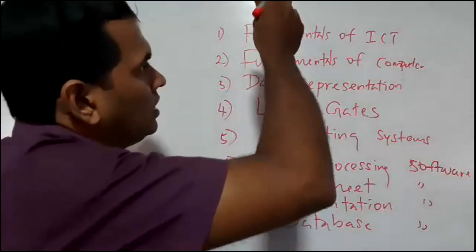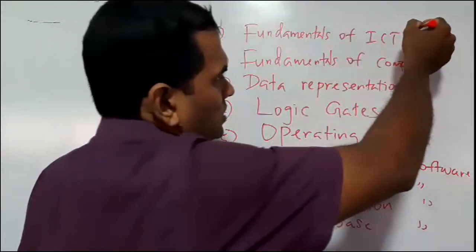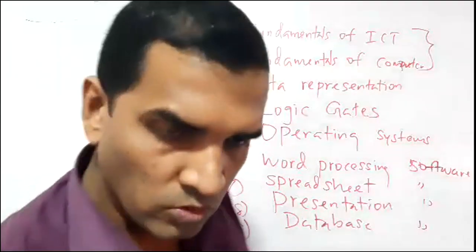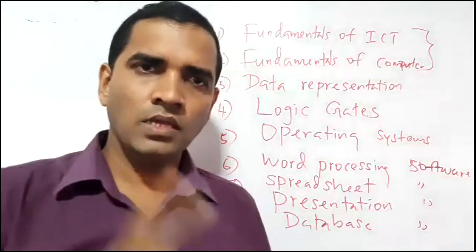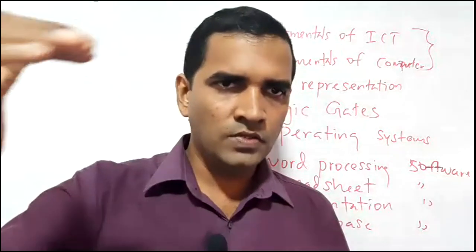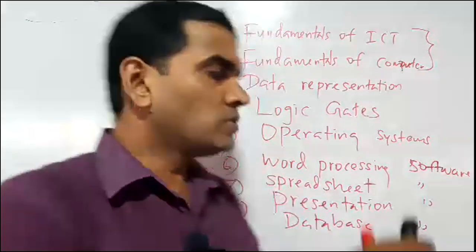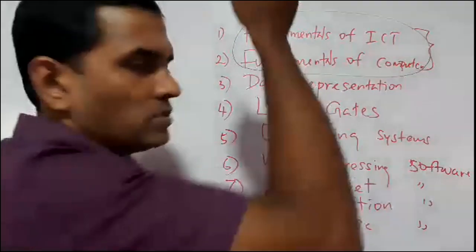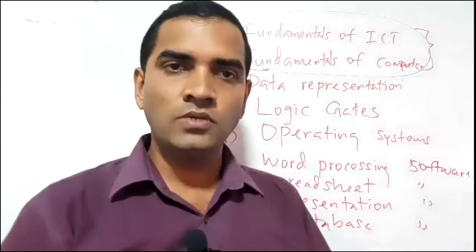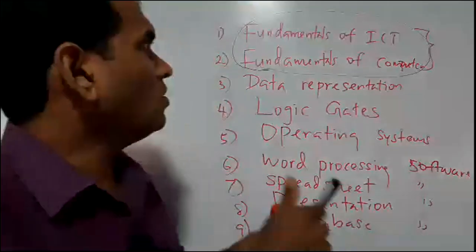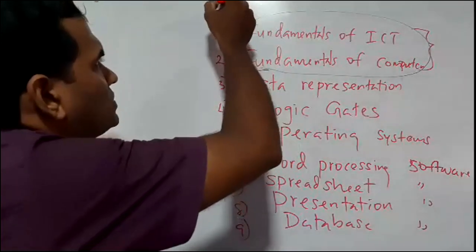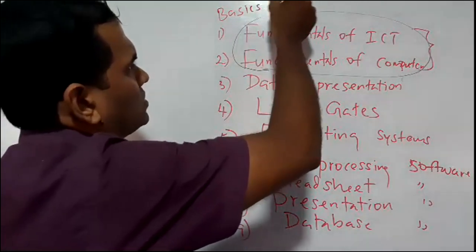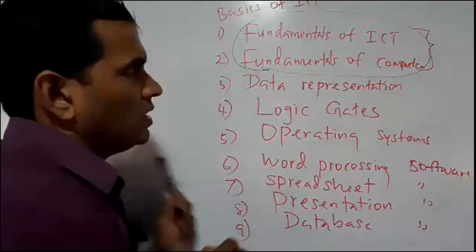Here, these first 2 units are actually 1. Even though they are listed as 2 in your book, these 2 units can be combined as 1. This is my first unit or first area which I talked about. So this can be called fundamentals of computers or basics of ICT.